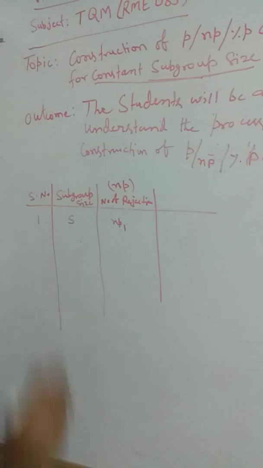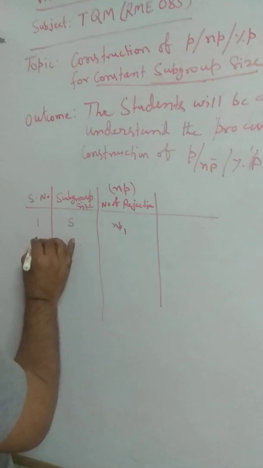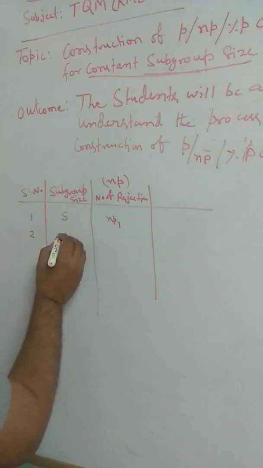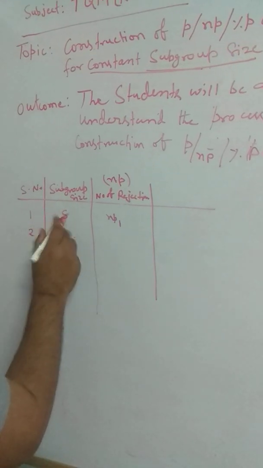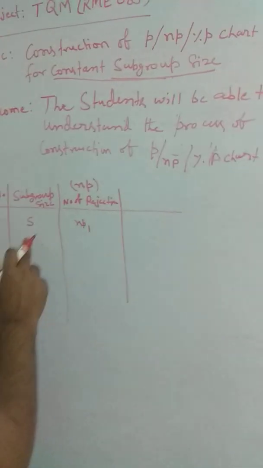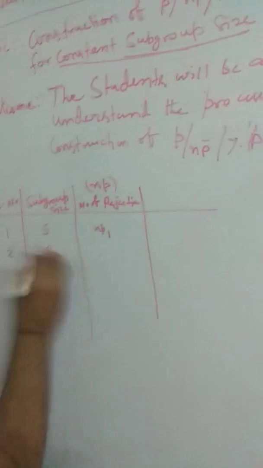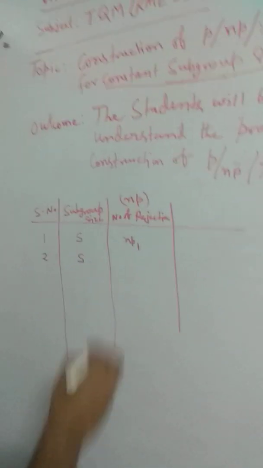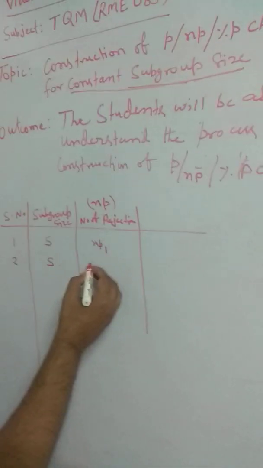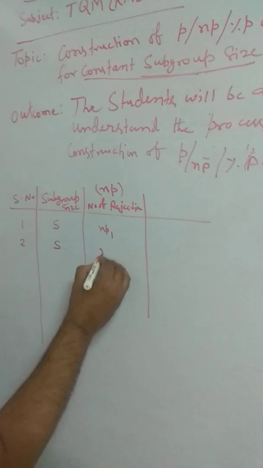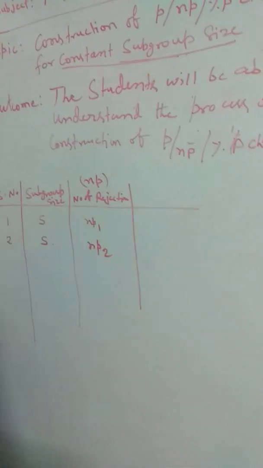Okay. And in sample number 2, we have taken the same size. If this is 300, this will also be 300. And here the rejection is NP2.